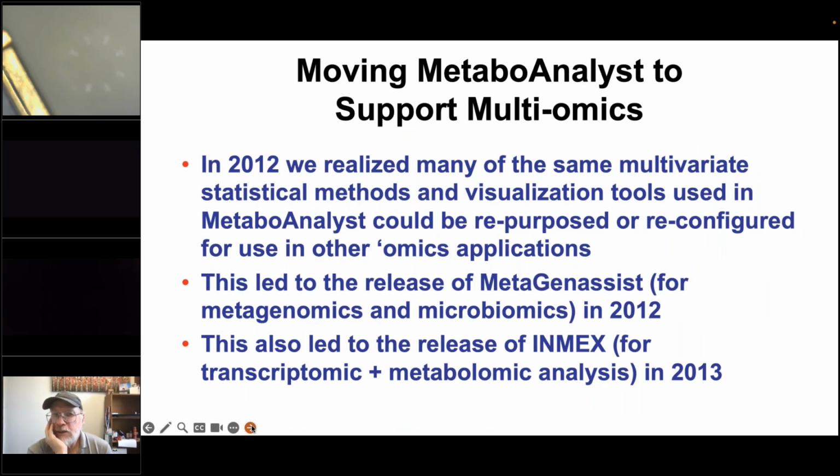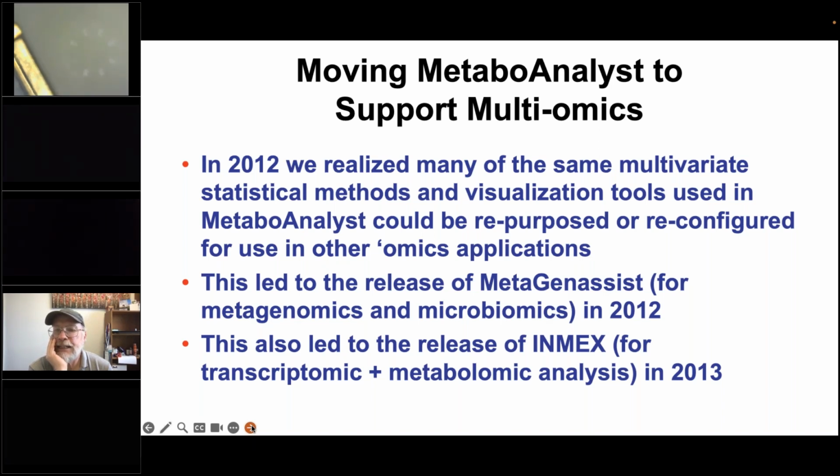But early on, we also realized that many of the same tools that we were using in MetaboAnalyst could be repurposed for other omics applications, because many of the same statistical techniques used in transcriptomics, proteomics and genomics are used in metabolomics. So in 2012, we released a tool called Metagenassist for metagenomics and microbiomics.